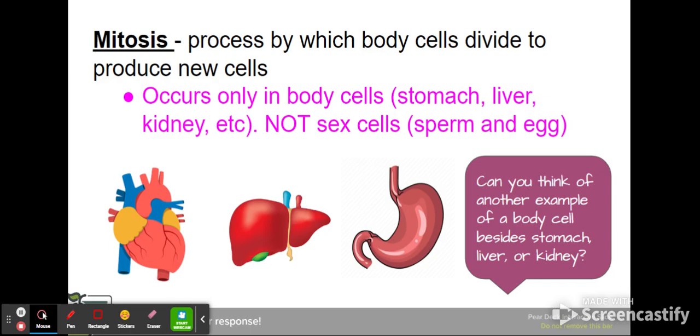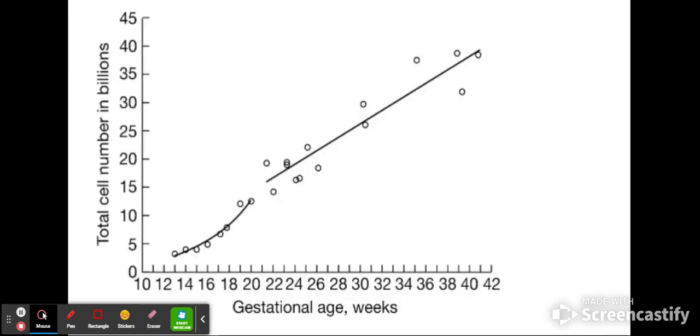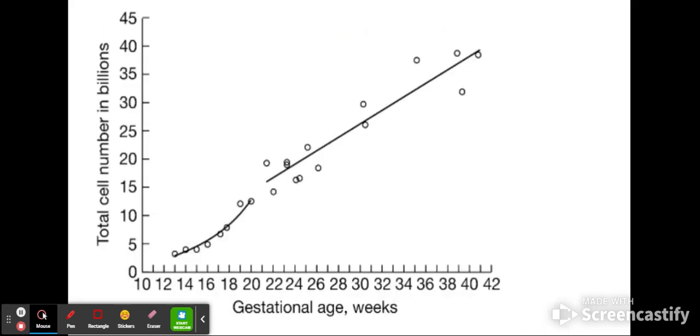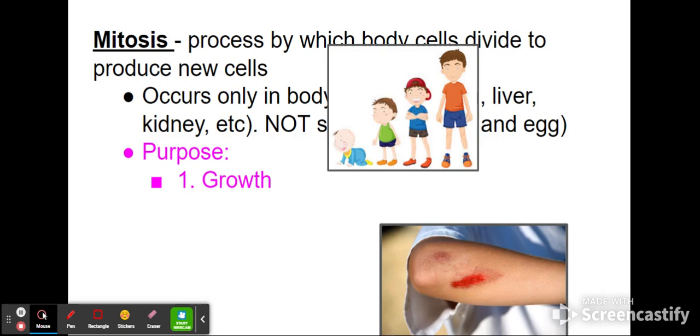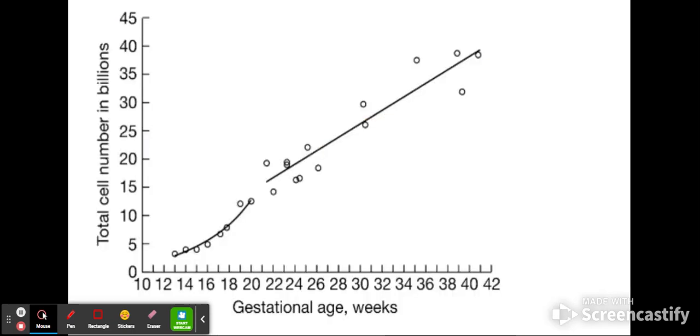All right, moving on here. So one thing I want us to take a look at is this graph. This says gestational age. That means age of a baby before it's born. So a baby is born usually about 40 weeks.